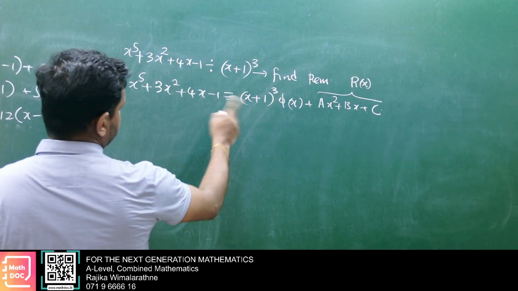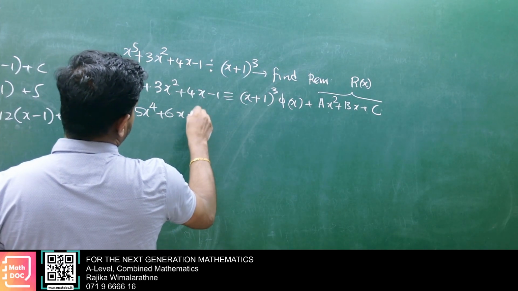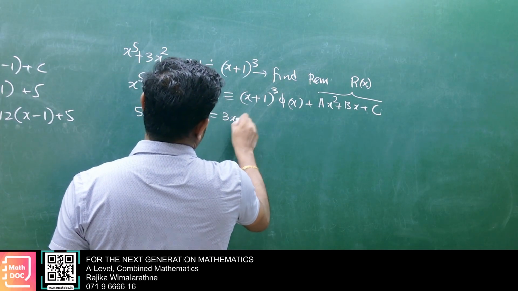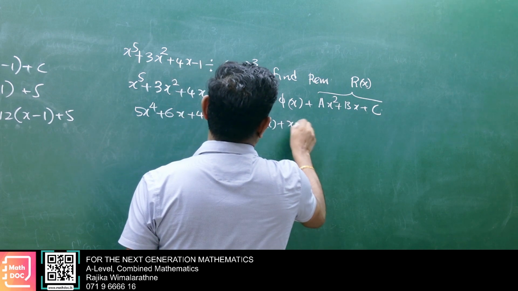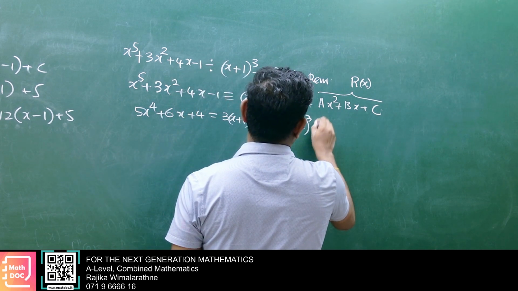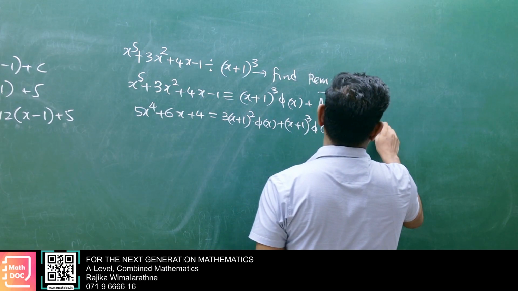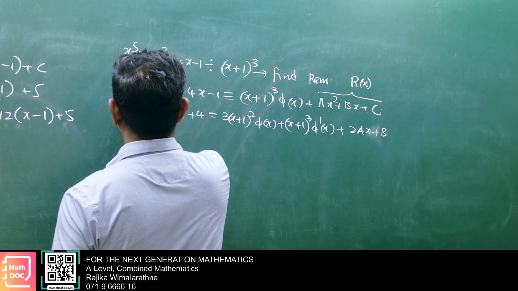So you differentiate: 5x to the power 4 plus 6x plus 4 equals 3 times (x plus 1) squared p(x) plus (x plus 1) cubed p dash x plus 2ax plus b. Again you differentiate.